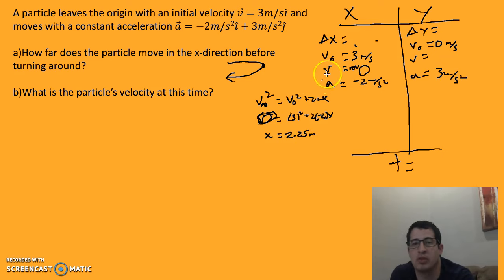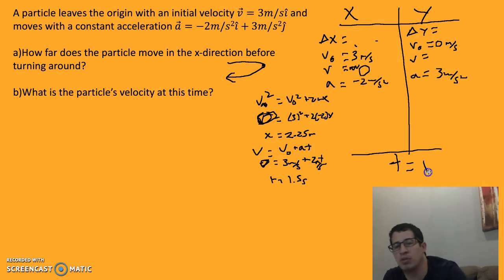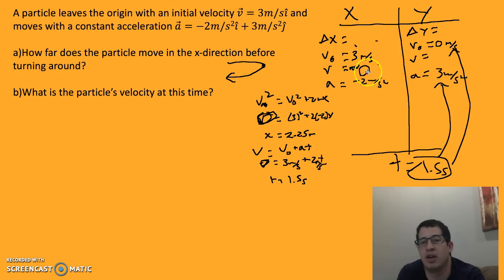Okay, we can also use this equation to find time. So v equals 0, equals 3 meters per second plus negative 2 meters per second squared times t. T is going to be equal to 1.5 seconds. We'll put the 1.5 seconds right here, and then we can take that and use it with our initial velocity for y to find our velocity for y at that point.